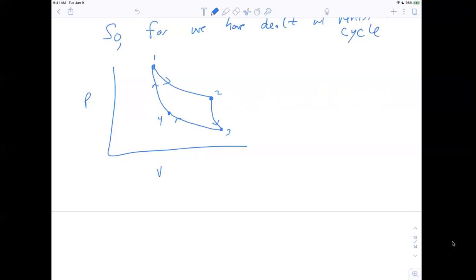So in this case, what we're going to say is that this isothermal step, we're going to say happens irreversibly. Okay, we just assume that it happens irreversibly. And we will keep this other isothermal step as reversible.